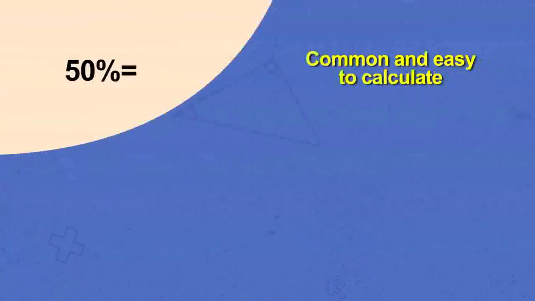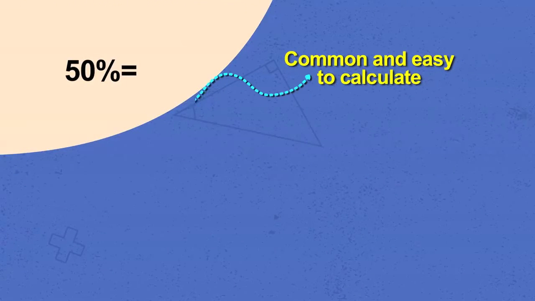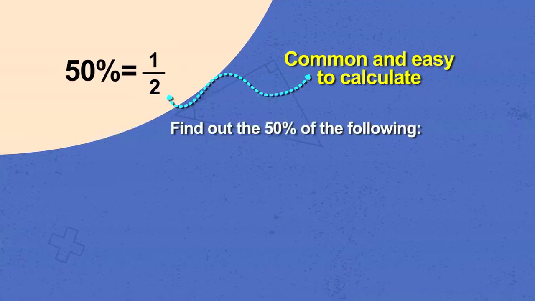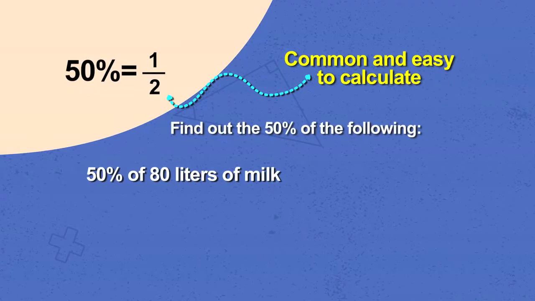One commonly used percentage, which is very easy to calculate, is 50%. What is 50%? Right, it is a half. Let's find out 50% of the following. What is 50% of 80 liters of milk?